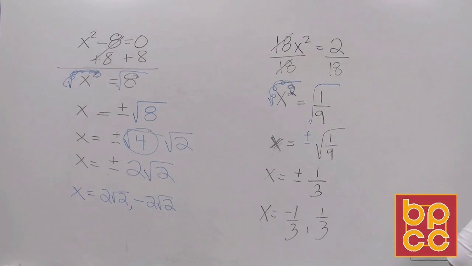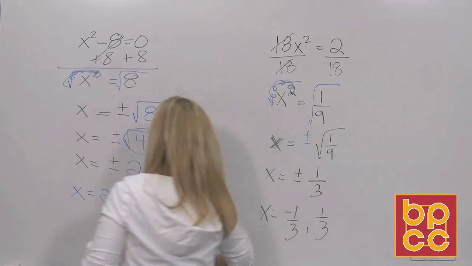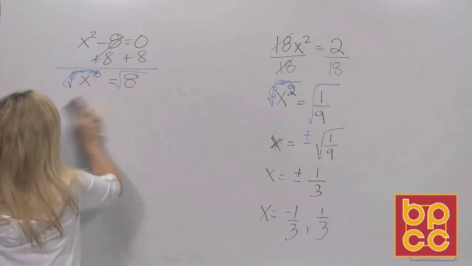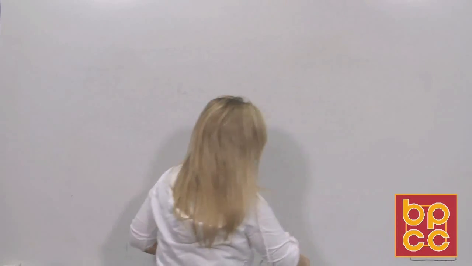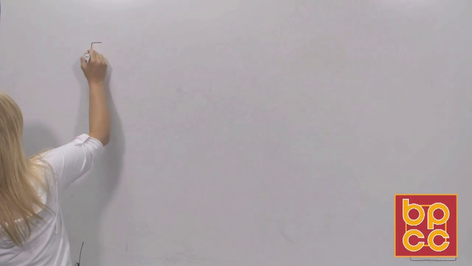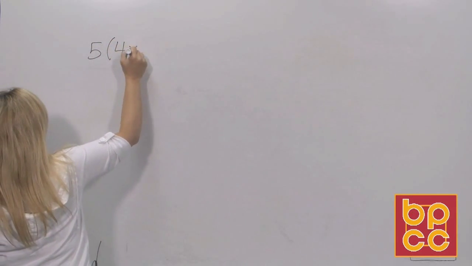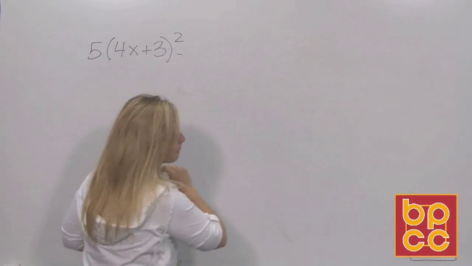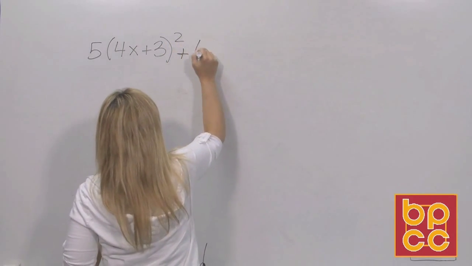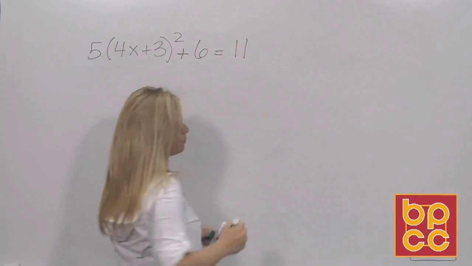This one's going to be a little bit more difficult. Okay? So let's erase this. All right, we have 4x plus 3 squared plus 6 equals 11.